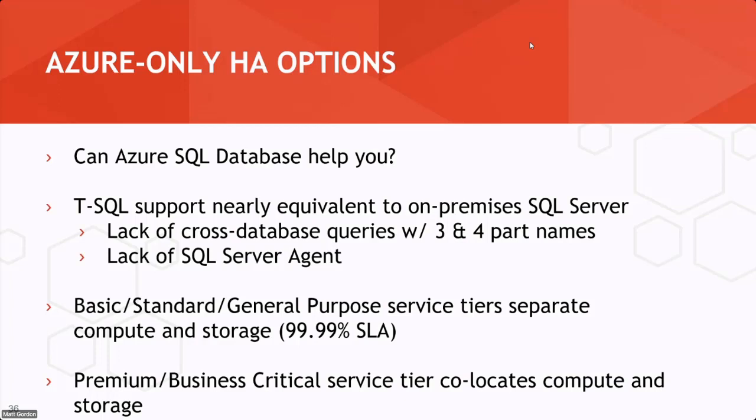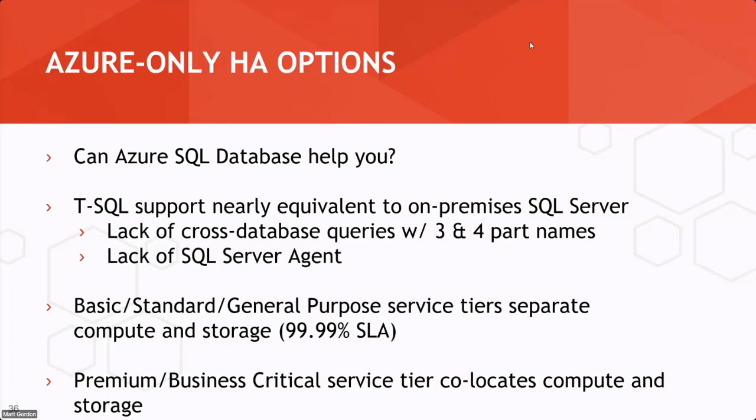That's pretty hard to pull off on-prem, even with any of the stuff we talked about. And you've got that out of the box, even on the lowest tier. So that's something to think about, especially as we just came out of talking about engineering these really complicated HA setups. Do we need to do that? Can we just put it on Azure SQL DB and let the work Microsoft's already done do that for us?